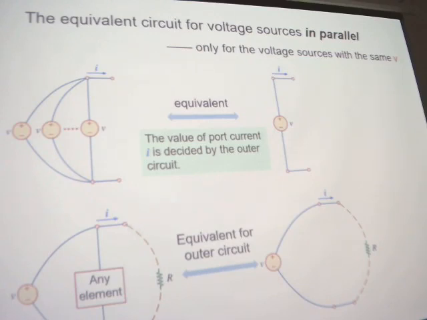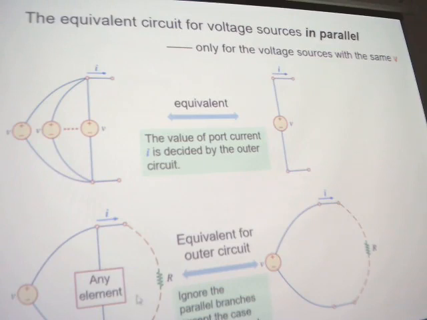Because the voltage is decided by the potential difference of these two nodes. So the voltage will be the same. And for R, we know VCR, our voltage current relation, Ohm's law. So I should be equal to what? V over R.